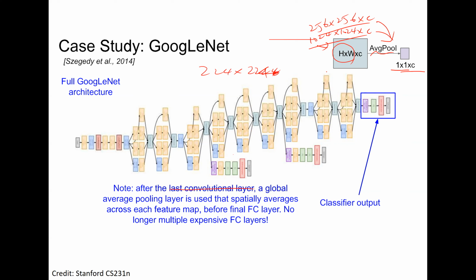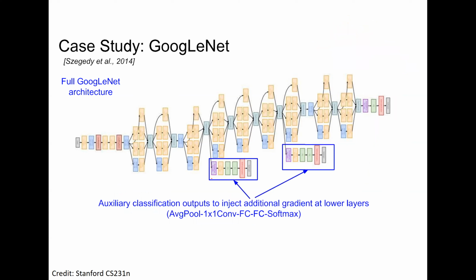However, because this one employs global average pooling, the input image size doesn't matter any longer. They also employed auxiliary classification outputs here and here, because this network is quite deep, and the gradient, after calculating loss from the end, might not flow well.